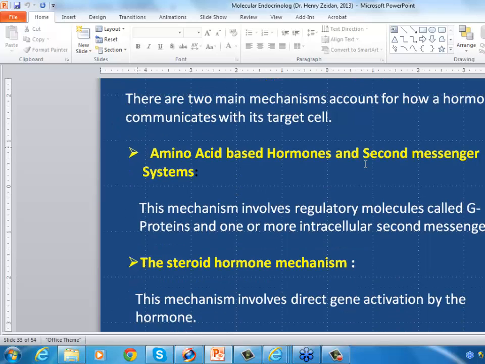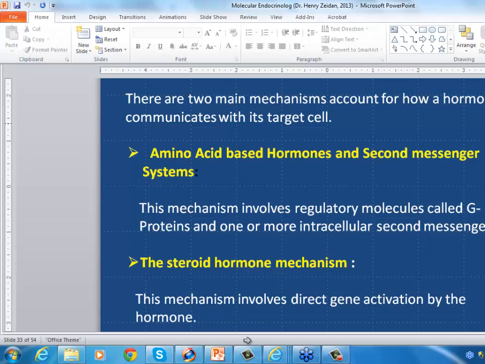You're dealing with cell surface receptors in amino acid based hormones, versus a steroid hormone mechanism, where the receptors are located on the nucleus. Therefore, you expect to see direct gene activation involved here.